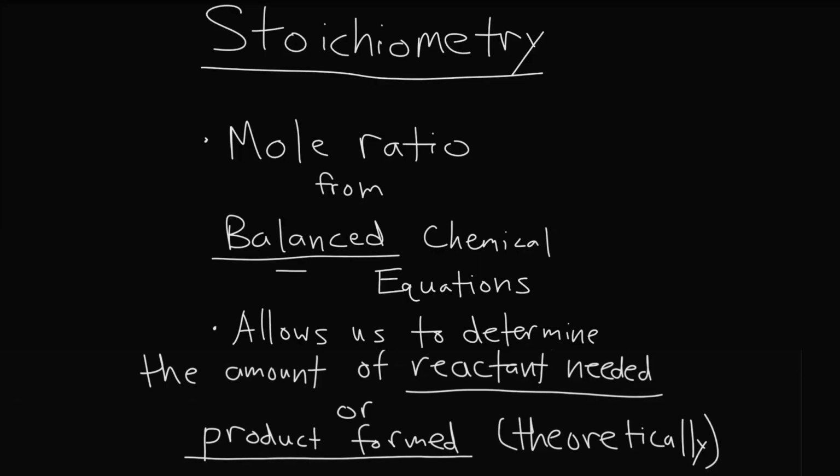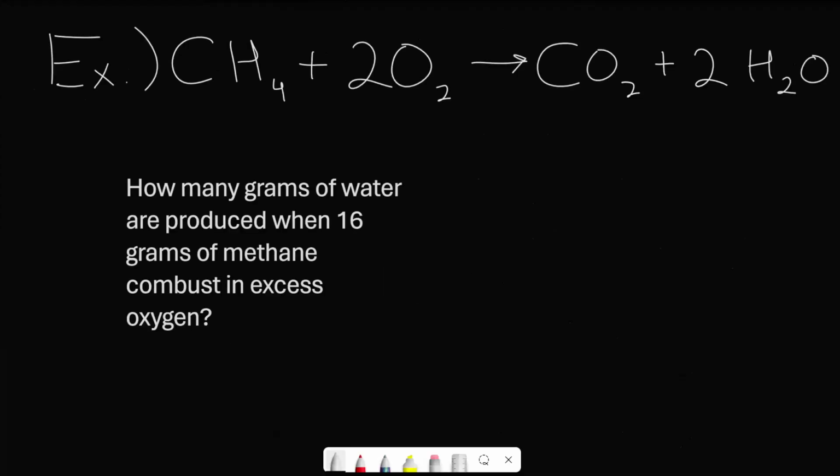So if that example makes sense, why don't we try this out in the context of a general chemistry reaction, which, who knows, you could see on the MCAT. We'll approach this discrete question here: how many grams of water are produced when 16 grams of methane combust in excess oxygen?